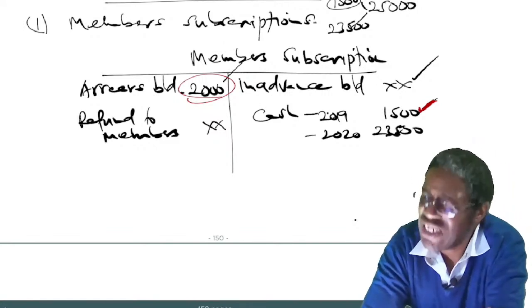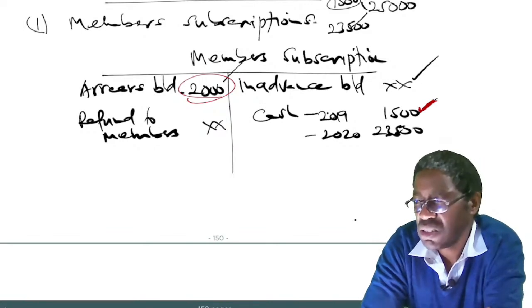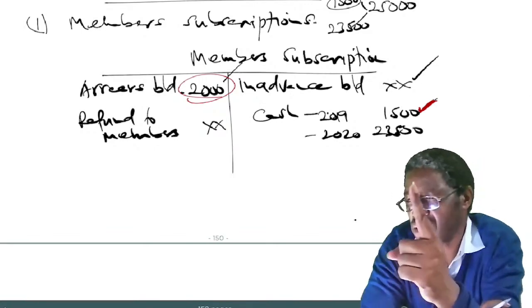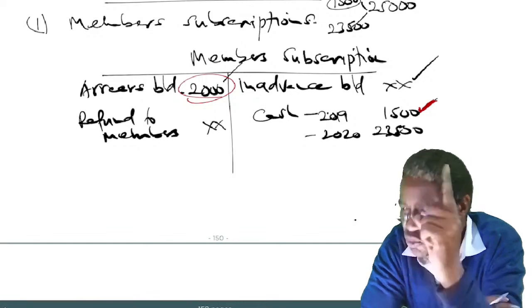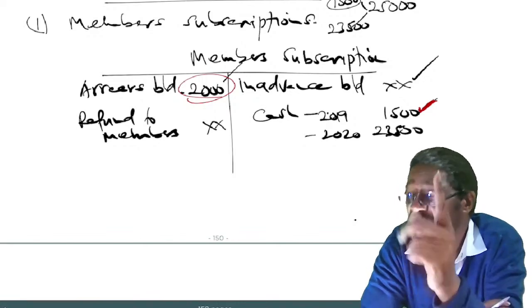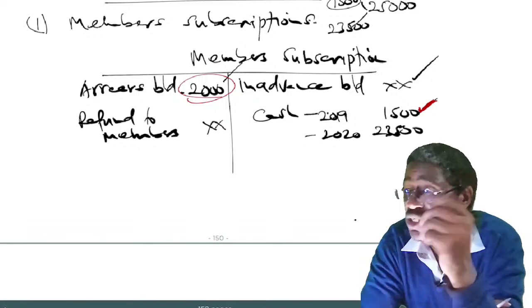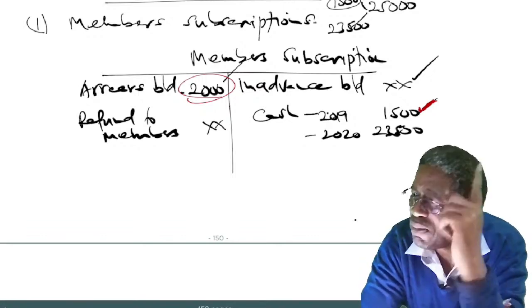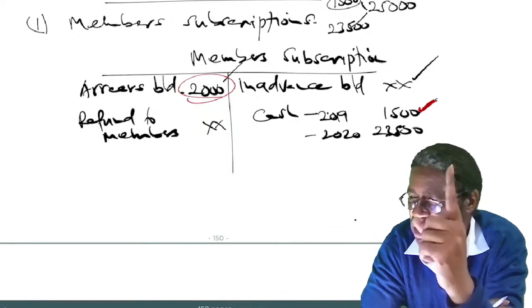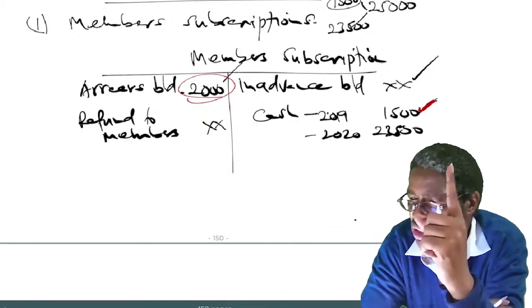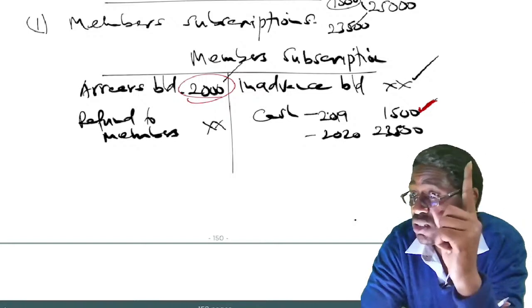So automatically it means there is part of 2,000 which even by end of this year 2020, we shall not receive. Remember, 2,000 is not for the current year. It was for the year 2019.